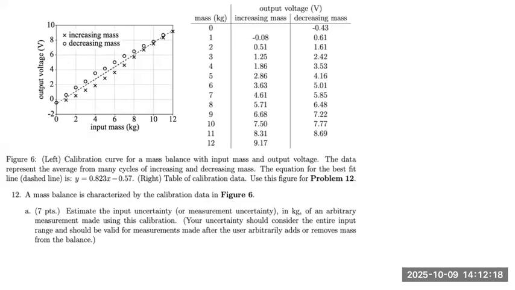So the input uncertainty is going to be related to the maximum nonlinearity and the hysteresis, which is the slope of the graph. The maximum nonlinearity from the graph is going to be the maximum departure from the best fit line, and it occurs at around an input of 4.